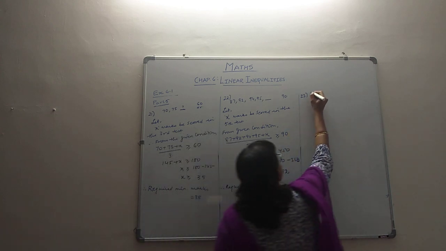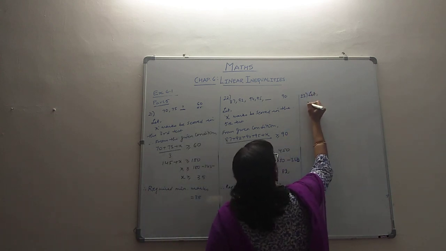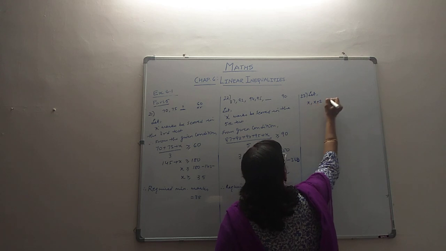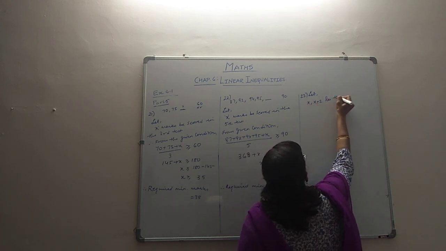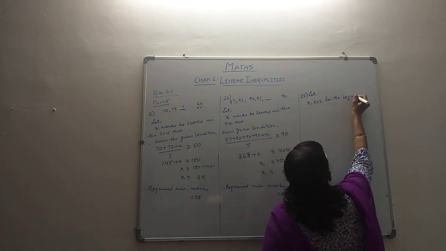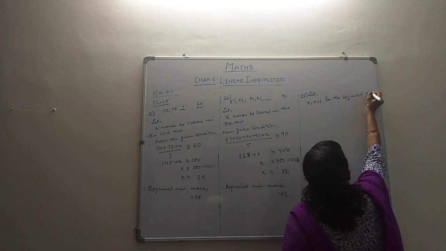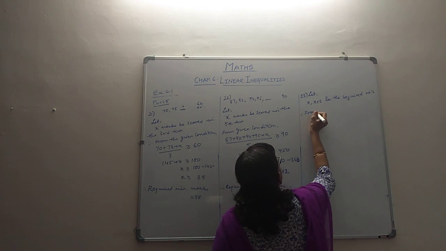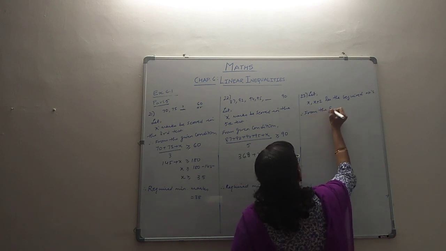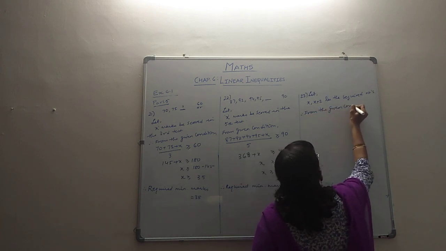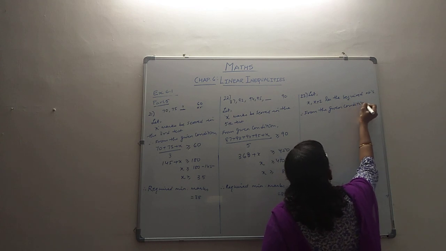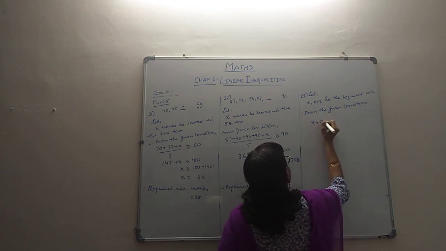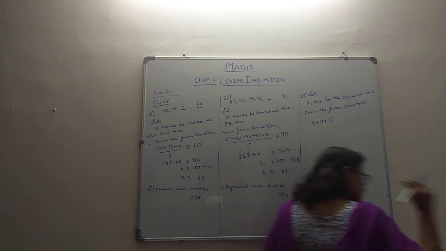So let x, x plus 2 be the required numbers. Okay, so what's the condition? From the given condition, the sum is greater than 11 or less than 11.